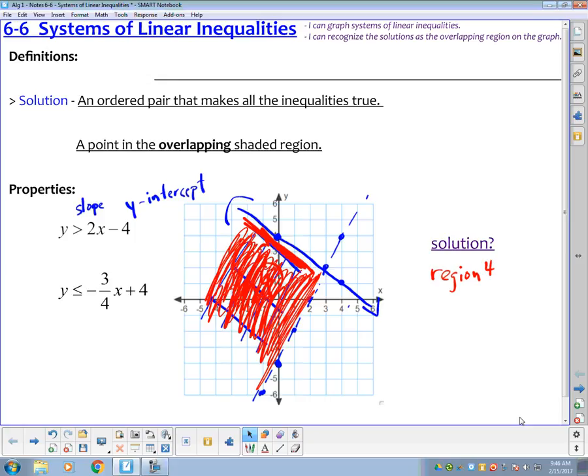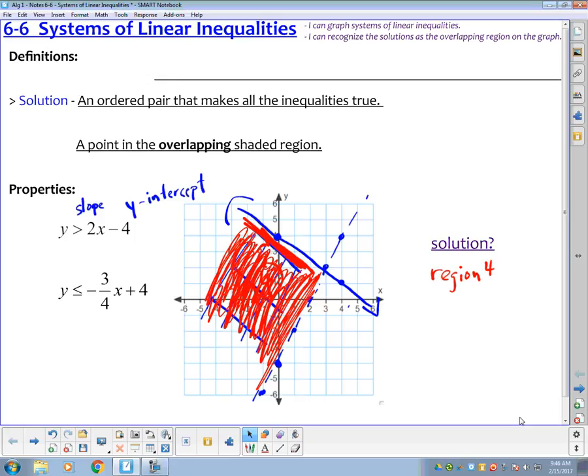So could somebody tell me a point in this region 4? What is one point that works for both of these inequalities? Aaron, could you tell me one point that is in this red goop over here? No? Well, here's the origin right here. I know I covered it up. Is the origin in the red goop? Yeah.